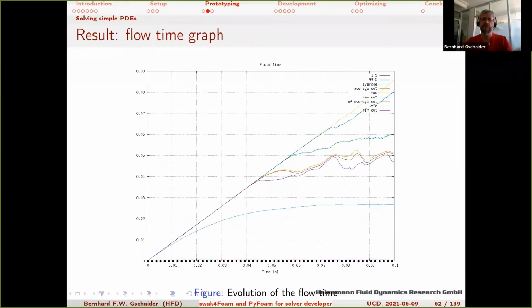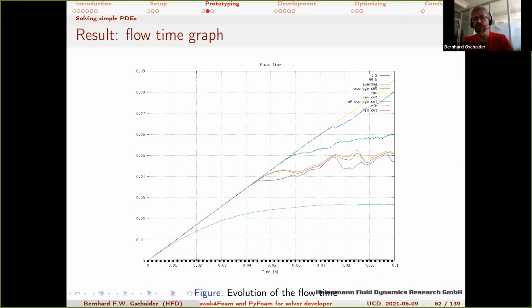So that, for instance, is a graph for the flow time. What you see here, I plotted the flow time in the whole domain, and I plotted it on the outlet.